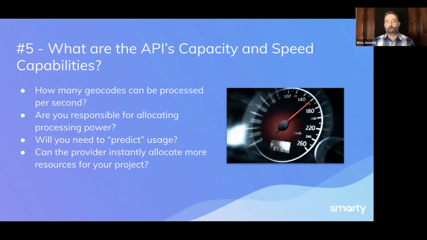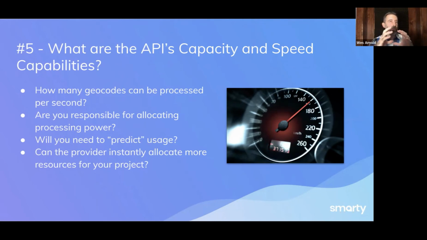All right, number 5, what are the API's capacity and speed capabilities? How many geocodes can you really process per second? Now, this is vital because nobody really wants to wait around for a long time for their geocodes to be completed. And so asking this question of how many can I process is vital. There are providers out there who basically give you a chunk of processing power, and you're responsible for allocating that processing power.